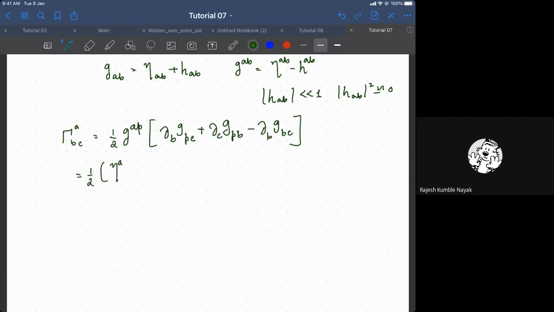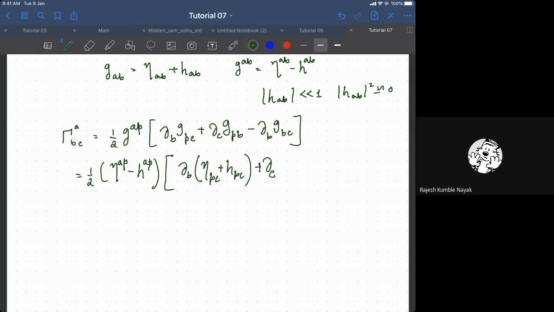eta AP minus HAP, then square bracket, and here we have a bit of messy equations. G is not G, eta PC plus HPC, and so on.